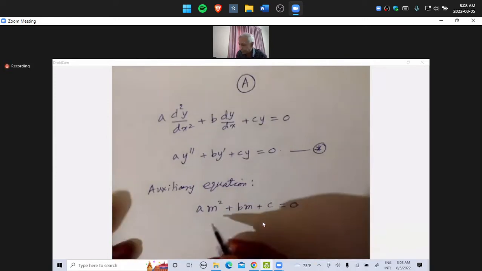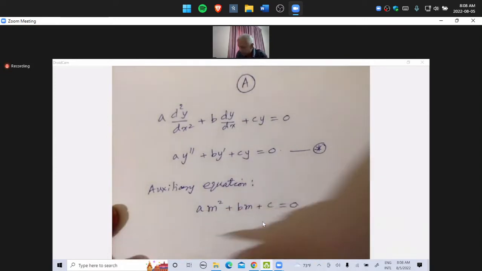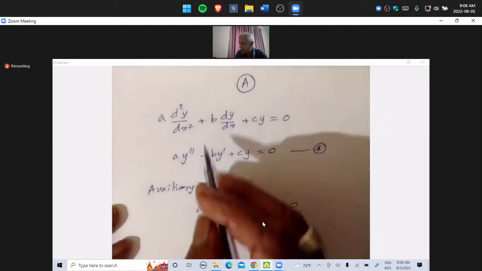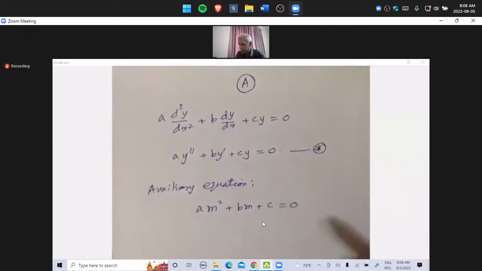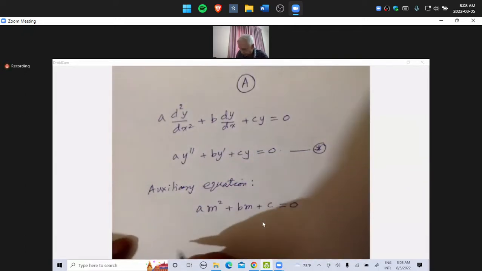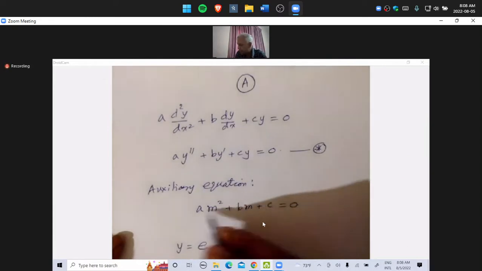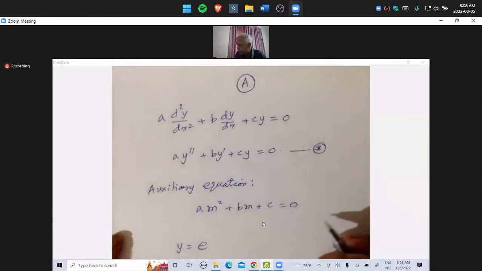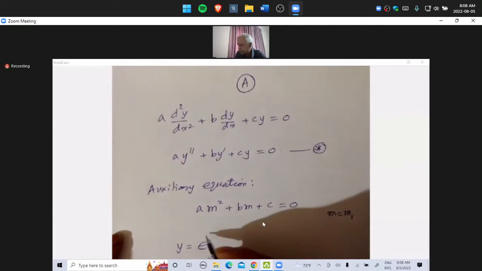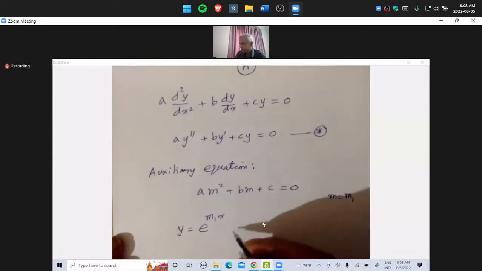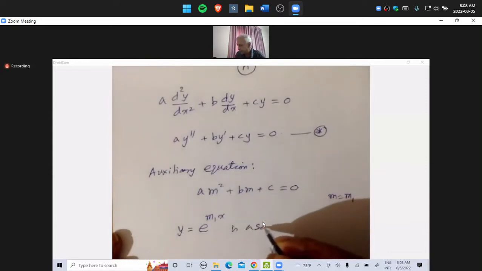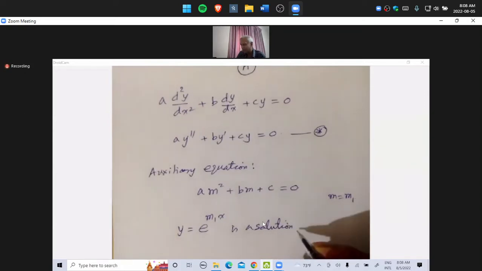Okay, so we said, if this equation has a solution m equals m1, then y equals e to the m1x is a solution. So I proved that also last time.